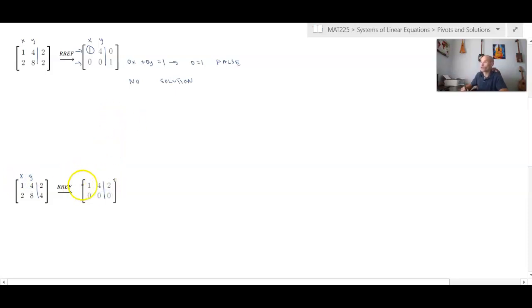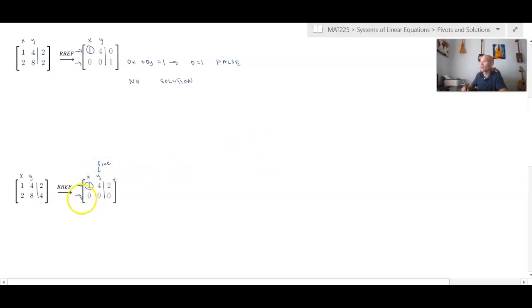Now as we look at this system, we don't have the statement 0 equals 1 like we did above, but we notice that in our first row we have a row pivot of 1 in the x column, so x is not free. When we look in the second row, both of the coefficients are 0. We've run out of rows. Y does not have a leading 1 in any of the rows. Therefore, y is a free variable. Okay, why is that?